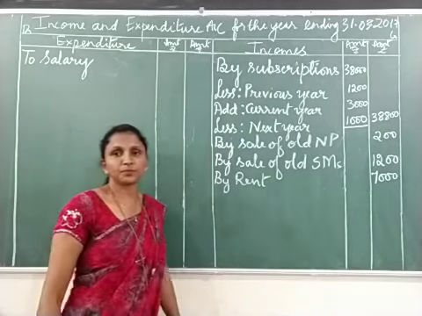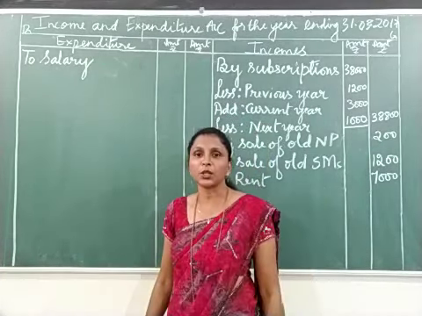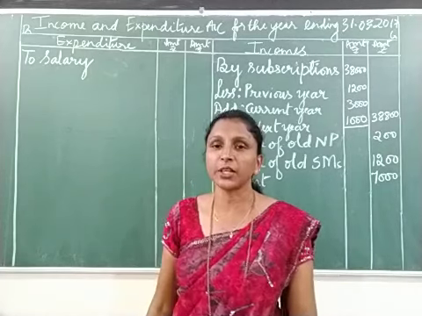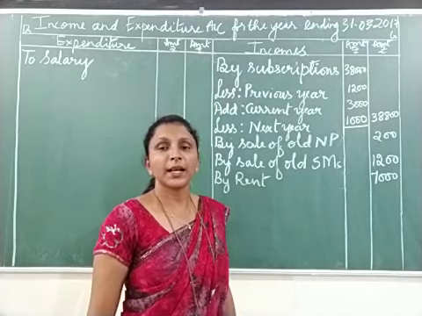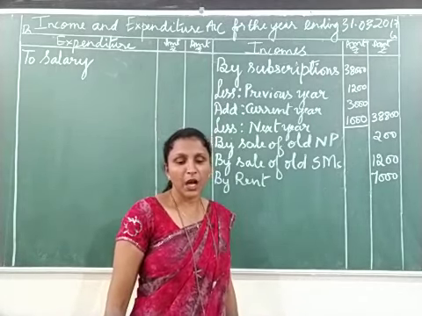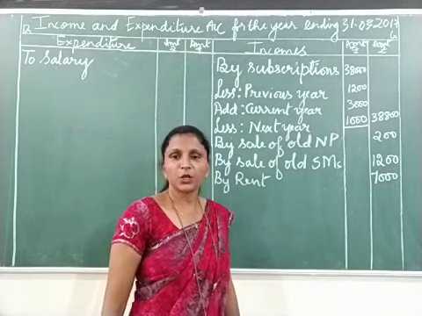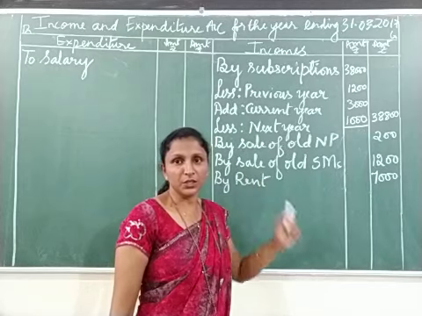To salary. Now check, are there any related items in the opening balance sheet and given adjustments? I think there is one item in the opening balance sheet, liability side. In the previous year balance sheet, it is given as outstanding salary 2,000. That item is related to which year?